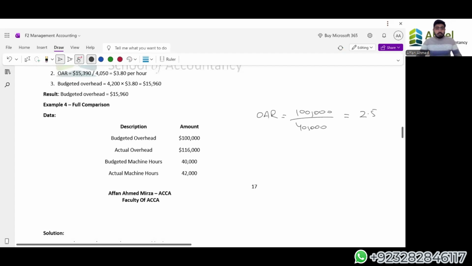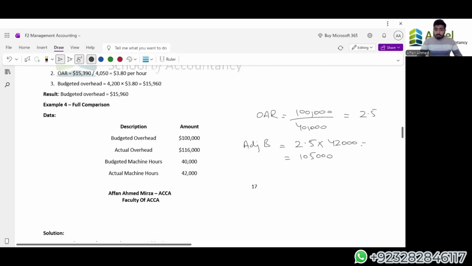If I'm having the OAR at 2.5, that means my adjusted budget will be 2.5 into my actual activity, that is 42,000. So 42,000 will give me 105,000. That is my adjusted budget.